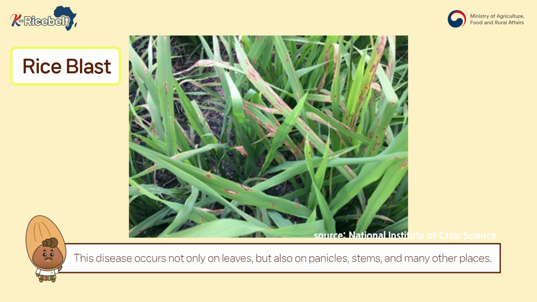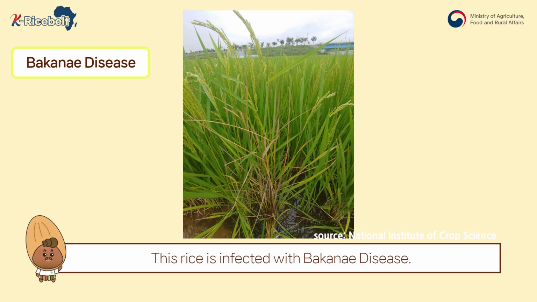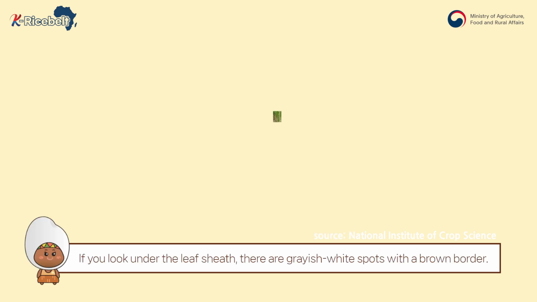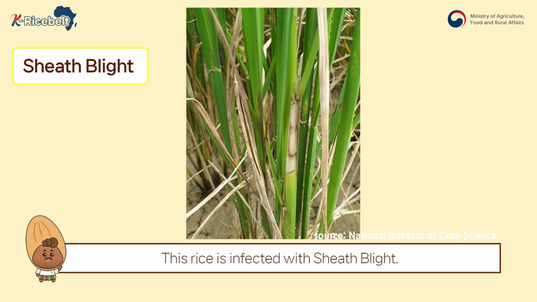This disease occurs not only on leaves, but also on panicles, stems, and many other places. This rice is unusually tall and has light color leaves. This rice is infected with Bakanae disease. If you look under the leaf sheath, there are grayish-white spots with a brown border.